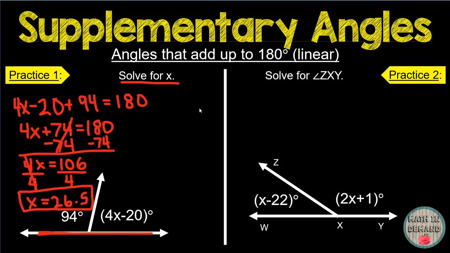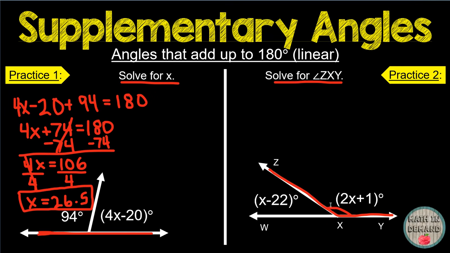Okay, so let's look at a more difficult problem where we have to solve for an angle. Here I have to solve for angle ZXY. So I'm going to look at my picture for angle ZXY. Z starts here, I'm going down to X to Y. So that tells me that I am looking for this angle.